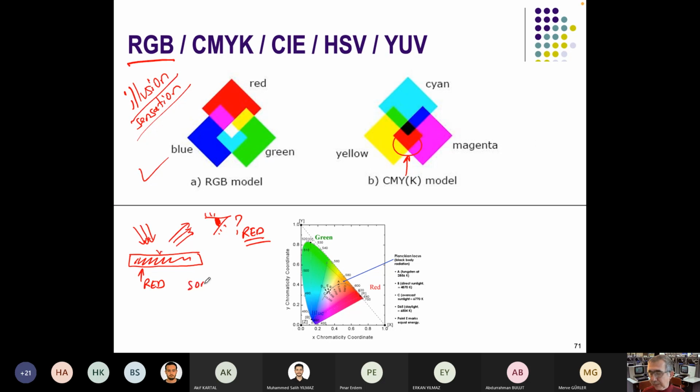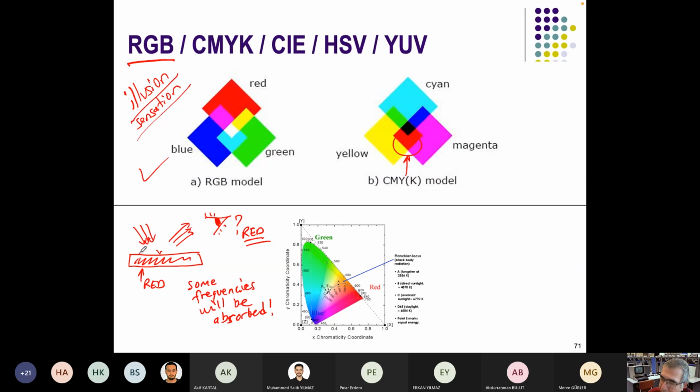Some colors, some frequencies will be absorbed, meaning that some will be reflected. The reflected ones will go to our eye, and our eye will perceive it as red.